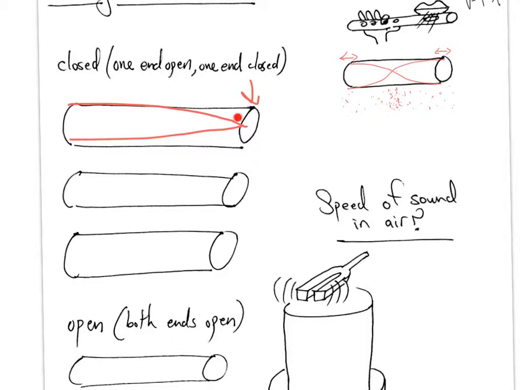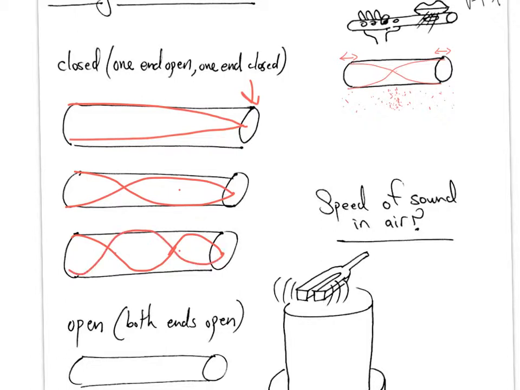Alright, so lowest frequency. And next, highest frequency, we have minimum movement, so a node. No, that's not right. It's going to go like this. Like this, and then like this.